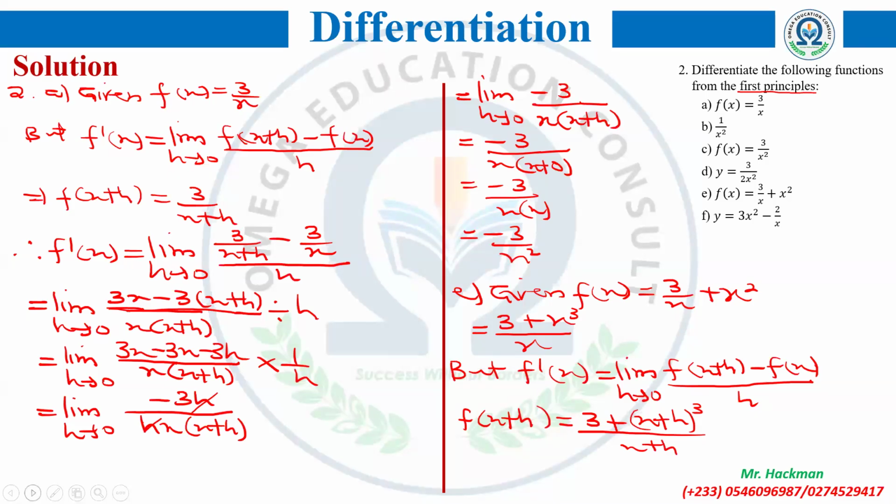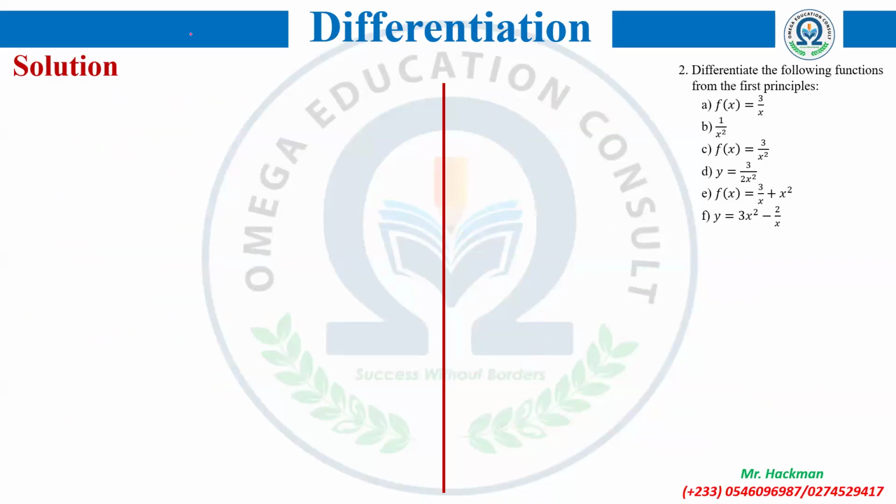So we are going to have that one expanded mentally. So let's go and have x plus h. My f of x plus h will be equal to 3 plus, as for your denominator, little or no work. The denominator gave us what? The denominator is x plus h.